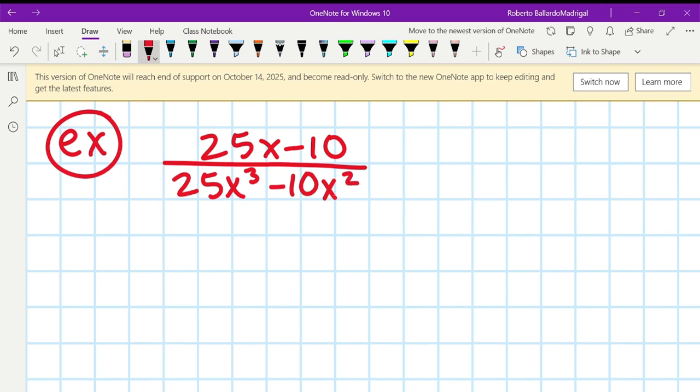And we want to multiply this with x plus 2 over 5. Okay. So go ahead and copy this problem down.